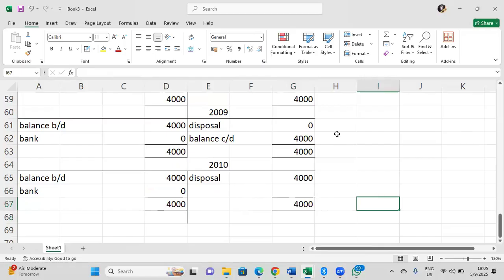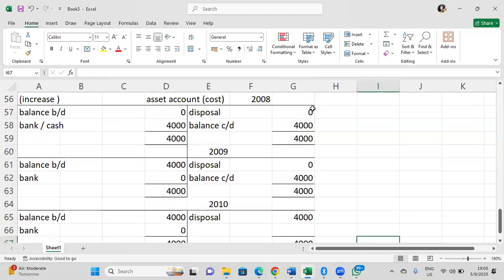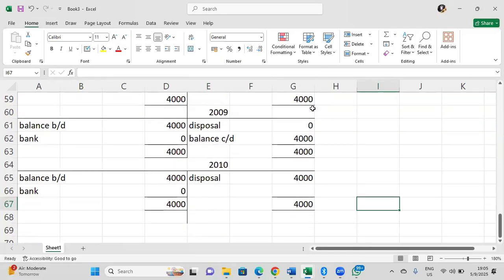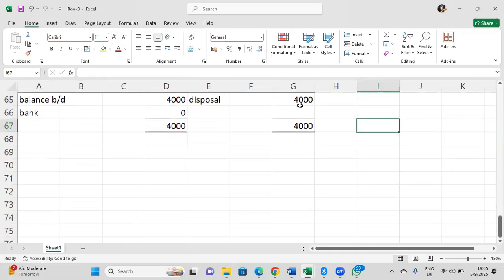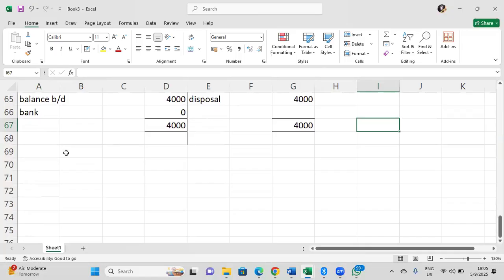We no longer have a balance. So this is the asset account. That's for the asset account. Okay, then besides the asset account, the question had said prepare the provision for depreciation account.